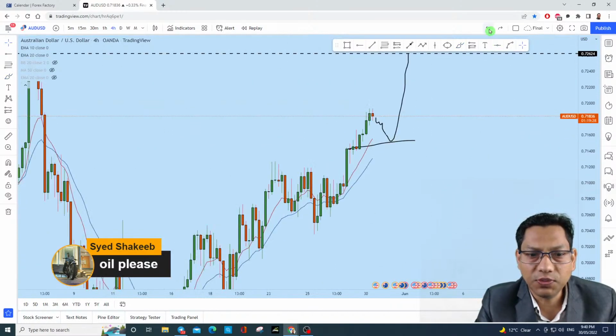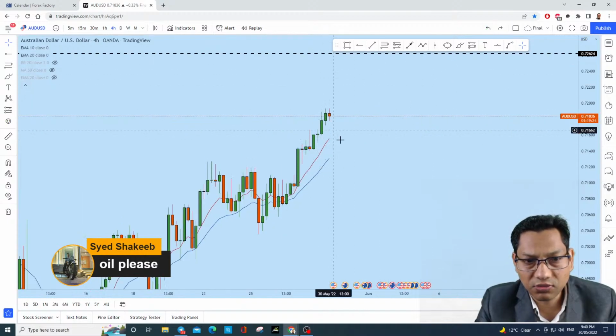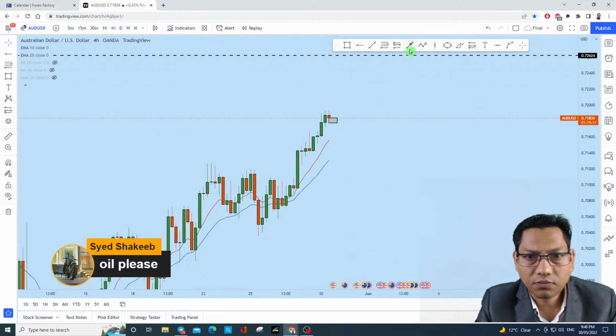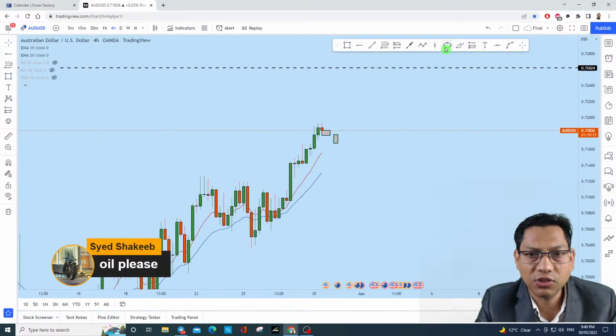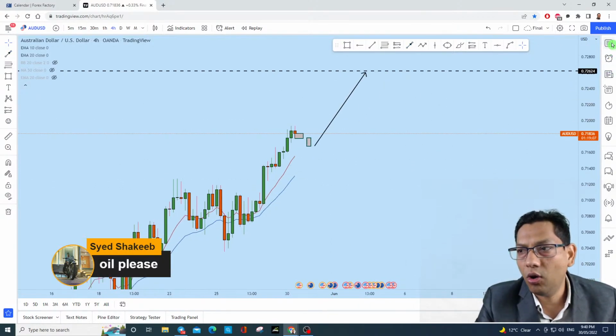So at this point, I will be waiting for a proper retracement like this, creating dojis or maybe 2 dojis, so that I know that the price is exhausted, retraced enough, and then going for a longing opportunity to this target. So this is one with Aussie dollar.